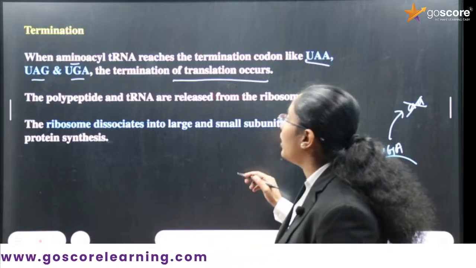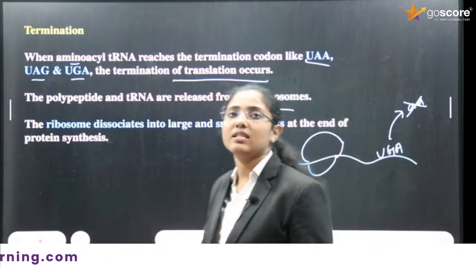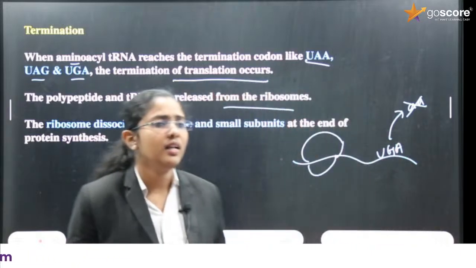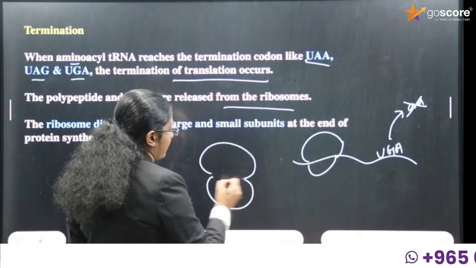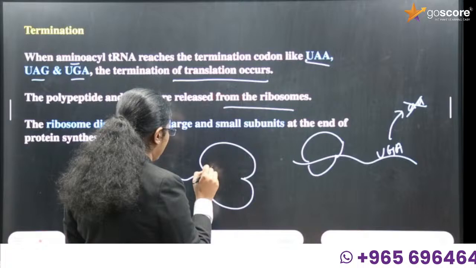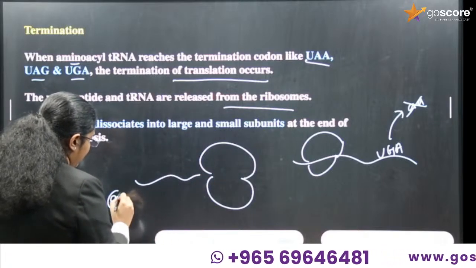Then the polypeptide and tRNA are released from the ribosome. Once translation is done, the larger subunit will be detached, the smaller subunit will be detached, the mRNA will be detached, and you will get many amino acids connected together.